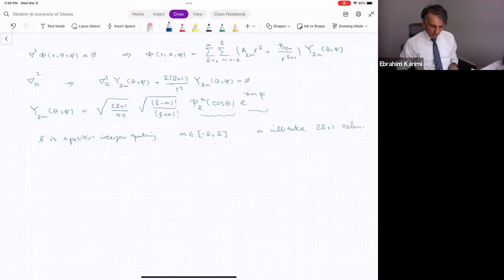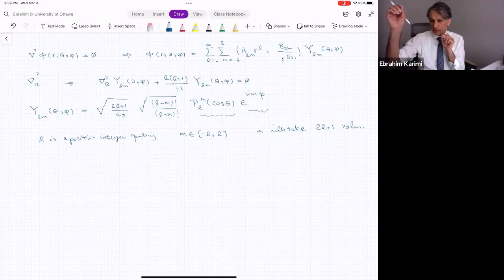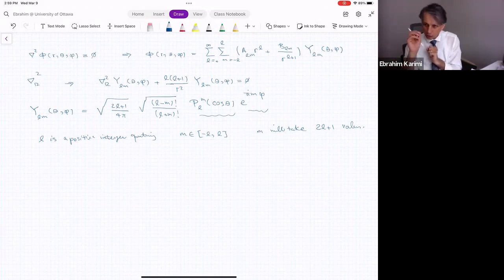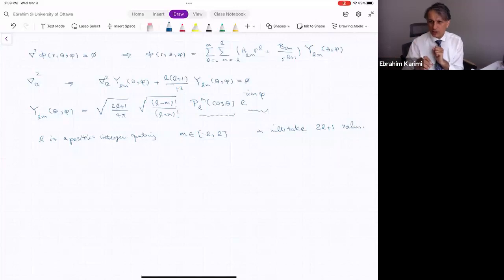Okay, so that's an important fact that you have to remember. When you define L, M also will be defined. When L is equal to 0, M will take only the value 0. When L is equal to 1, M will take -1, 0, or 1. When L is equal to 2, then M will take -2, -1, 0, 1, or 2. So it's bounded.